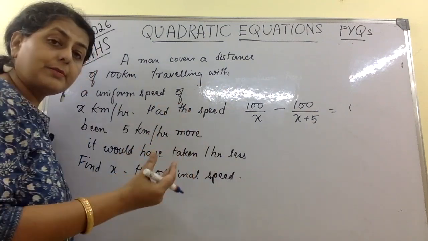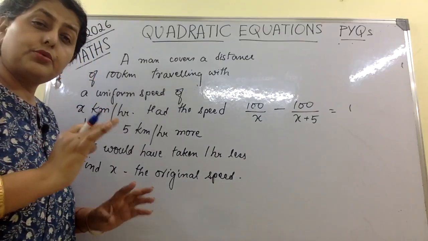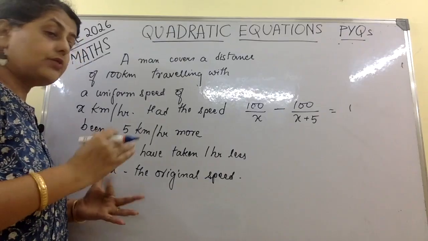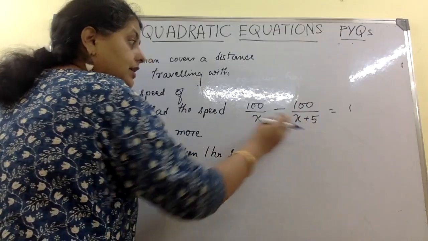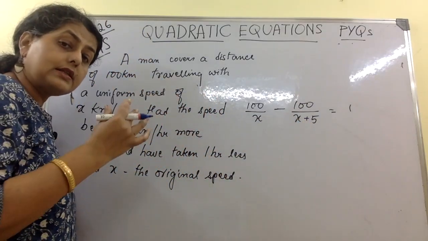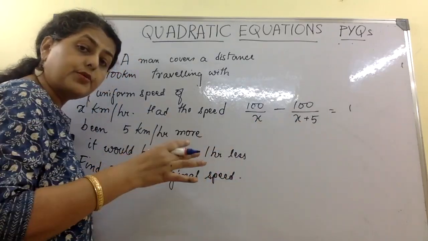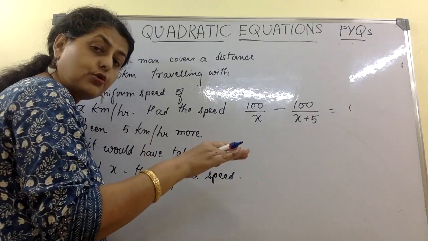Now how do you remember things like this? Supposing in the exam you don't have time to logically think which is the bigger time and which is the smaller time, and you are confused about where to write the x plus 5. In that case you just think, larger the denominator, smaller is the number, if the numerator is the same.